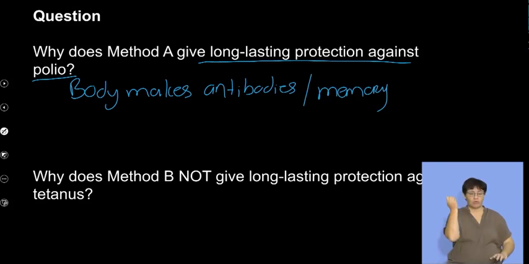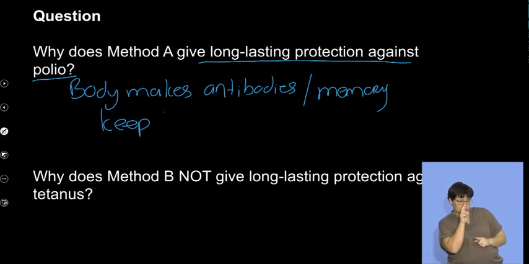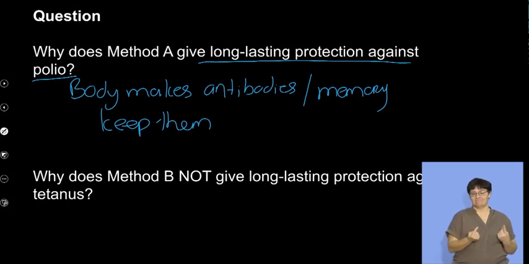We don't get rid of them. So when we get a vaccine, it's going to stay in our body for a long period of time. That's long-lasting protection. Our body makes the antibodies and we keep them. They're there in case we need them.